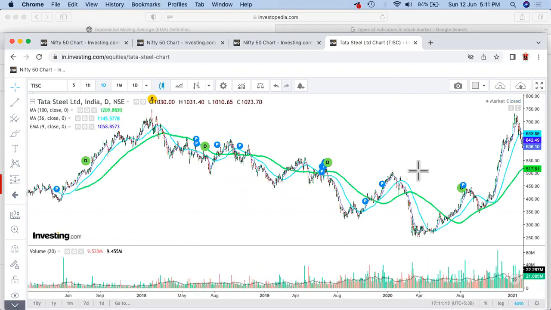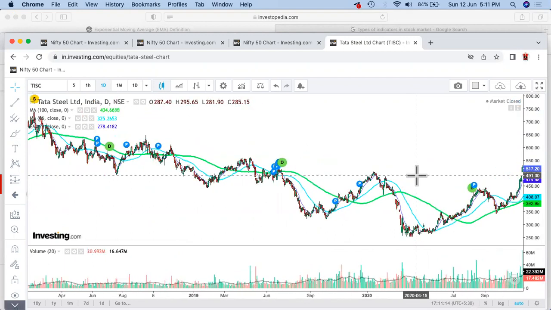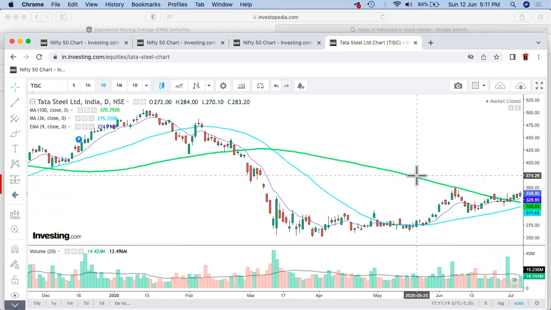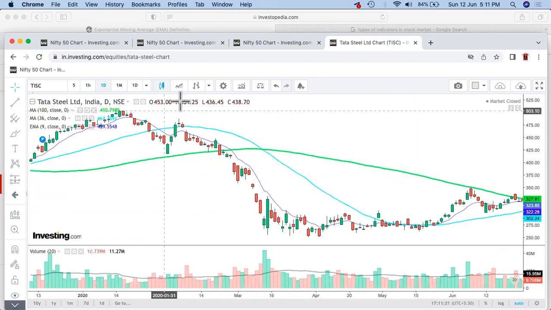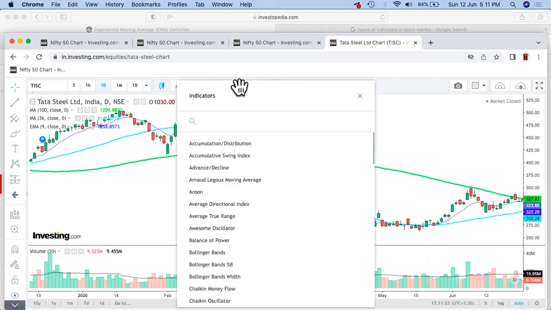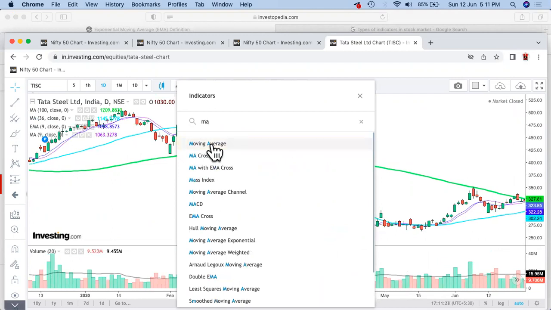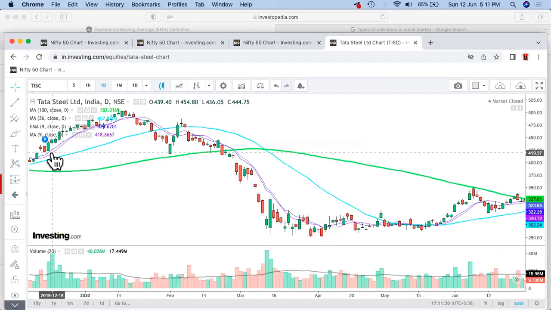This was the first example that we saw. Here we'll do one thing. We'll try to see one small change. We'll keep the moving average also, and we'll try to see the difference between these two moving averages.